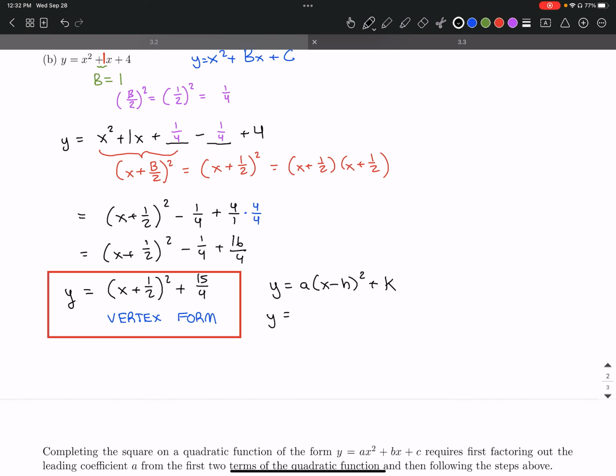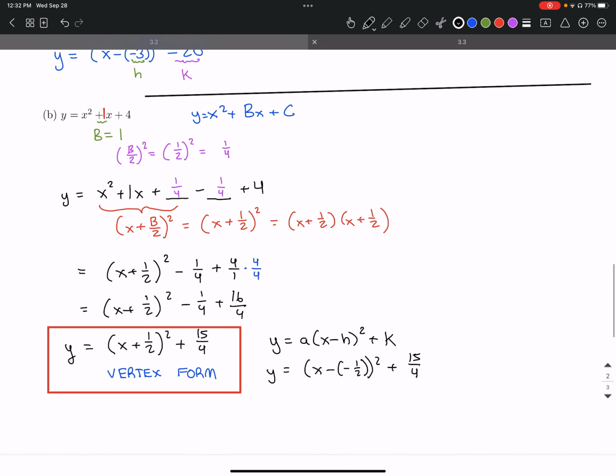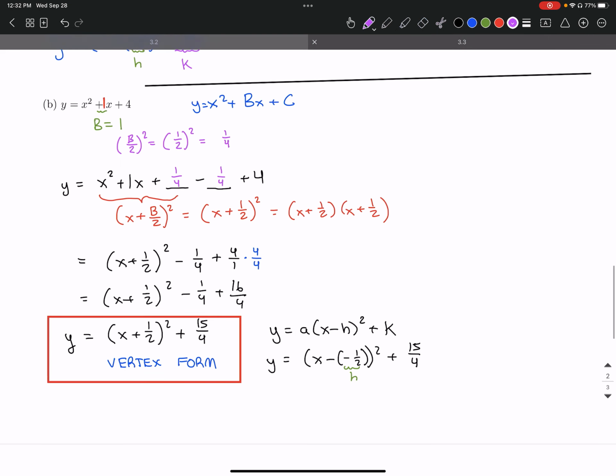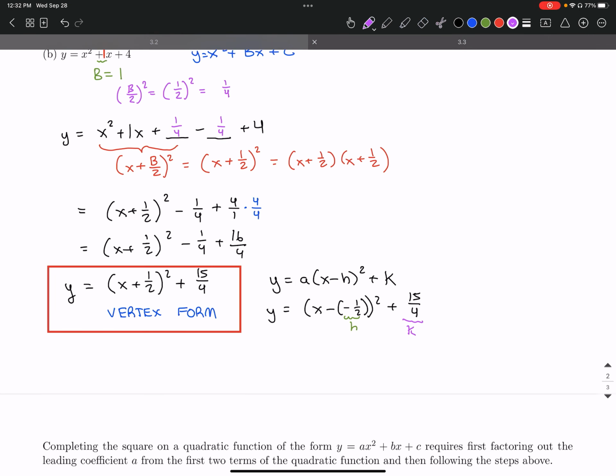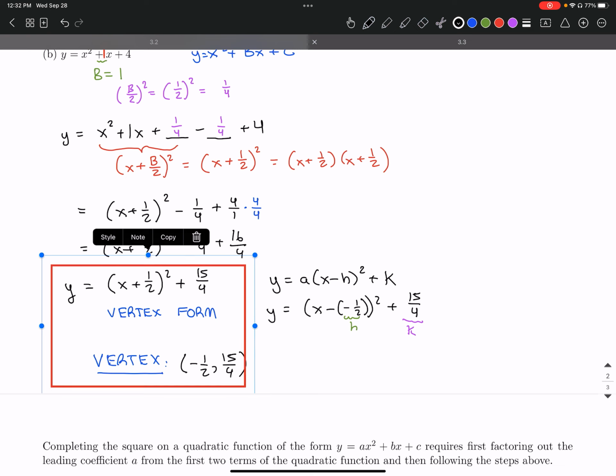I can make it so I do by rewriting x plus 1/2 as x minus negative 1/2, which is going to allow me to identify that playing the role of h is negative 1/2, and playing the role of k is 15/4. Hence, our vertex from this is going to end up being (negative 1/2, 15/4). So these together form our answer to this problem.